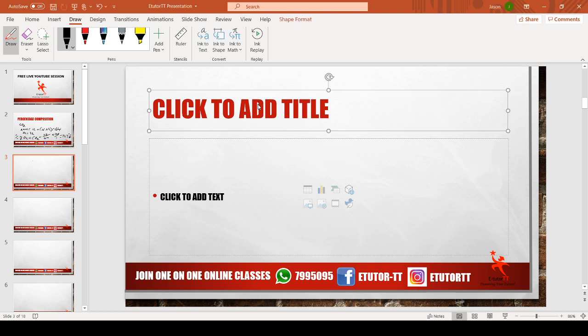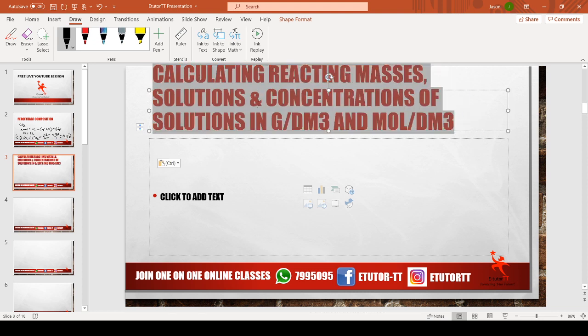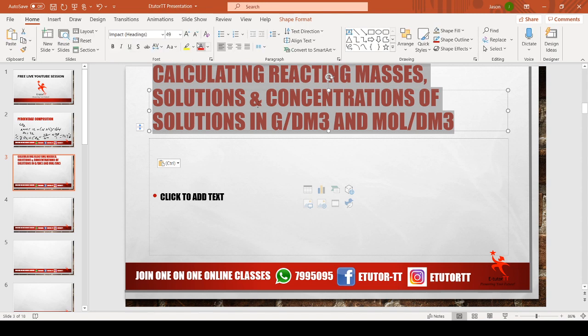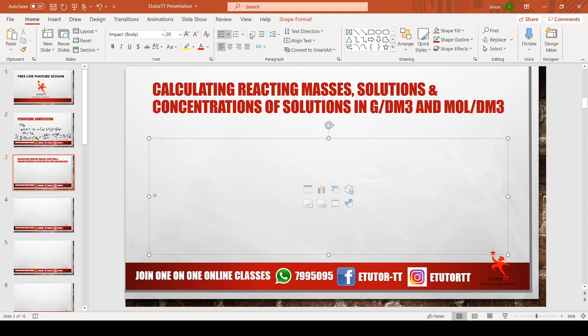Alright, so this is the heading here. So we're working on mass per moles per dm cube. That's what we're calculating today.